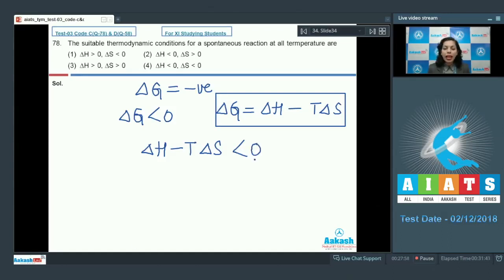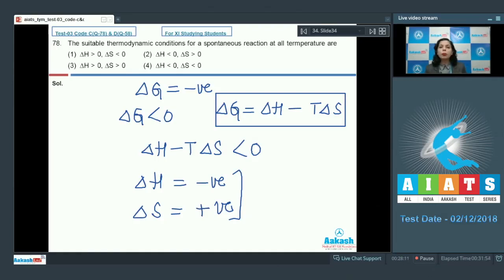And this can only happen when delta H is negative and delta S is positive. In this condition, whatever be the temperature, delta G is always less than 0. And that is the condition for spontaneity.